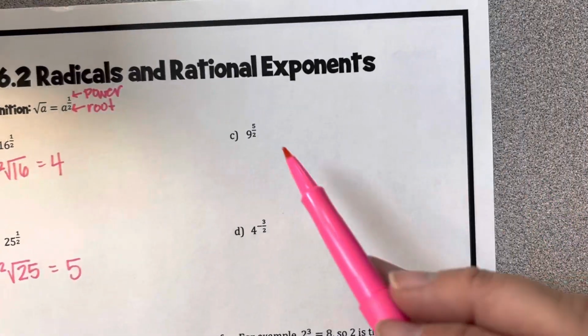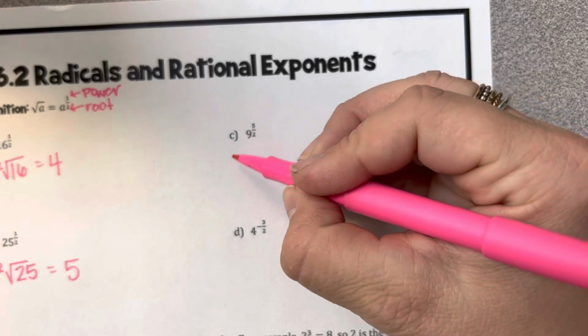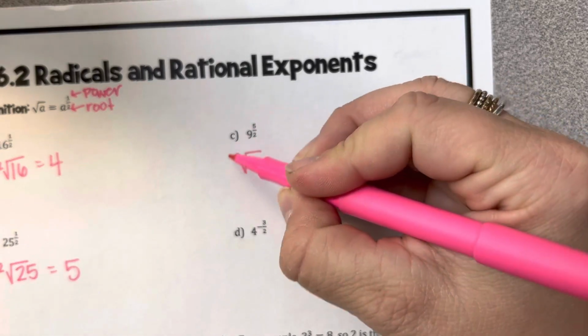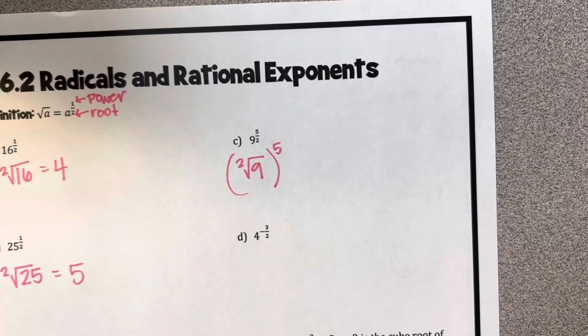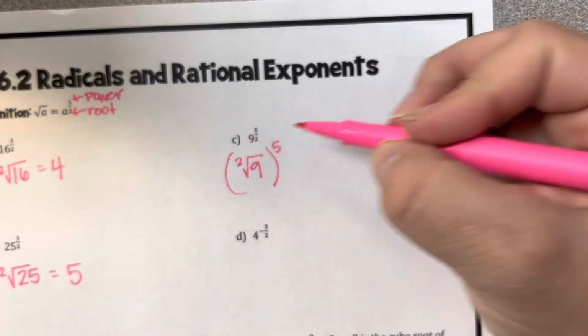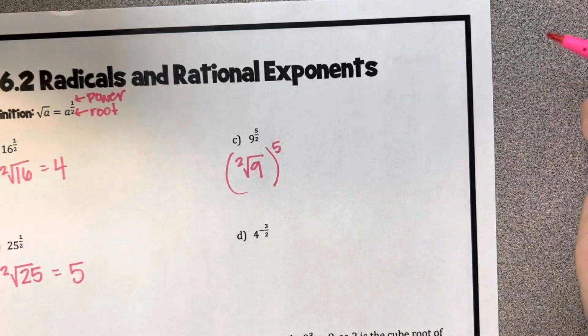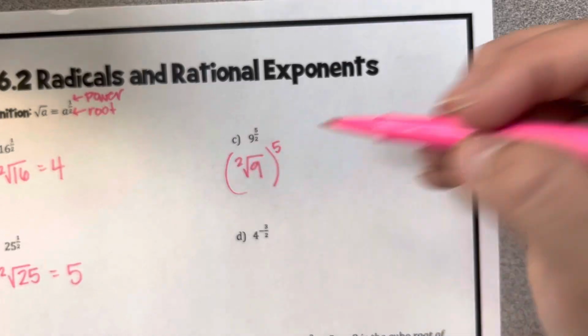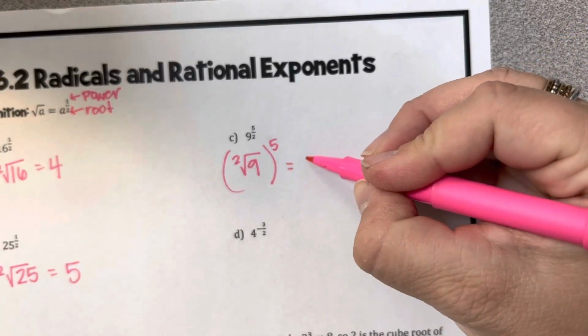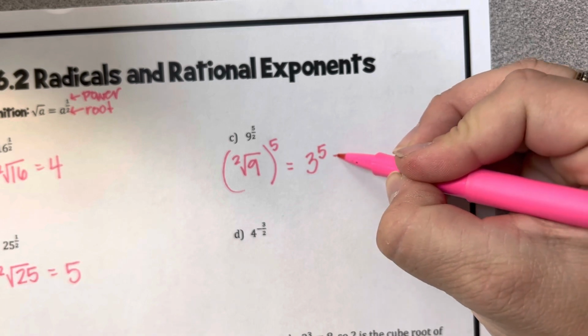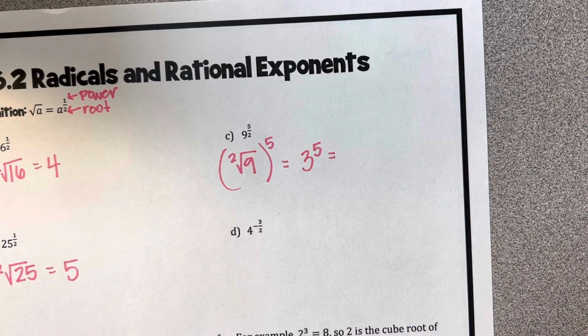Well, if it's something like this, to me it means the square root of 9 to the 5th power. So this is the root, the square root of 9, and then we're raising that to the 5th power. Well, what is the square root of 9? 3. And then 3 to the 5th is 3, 9, 27, 81, 243.